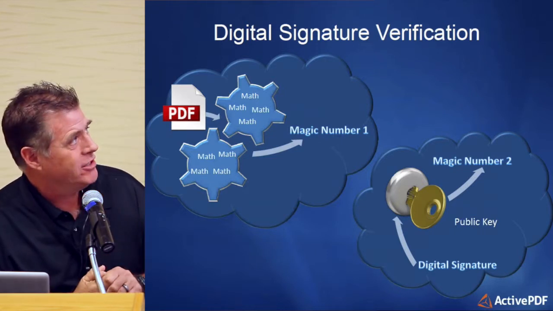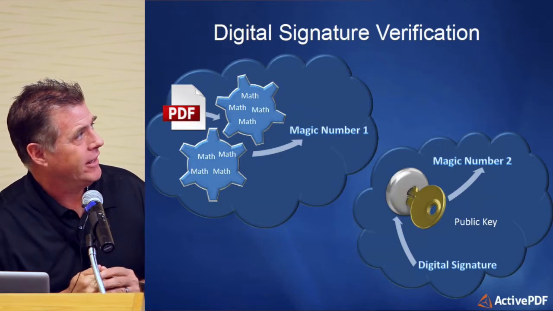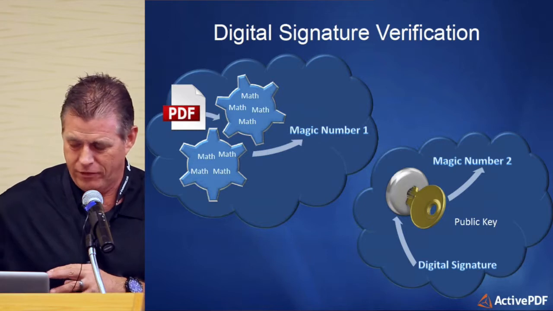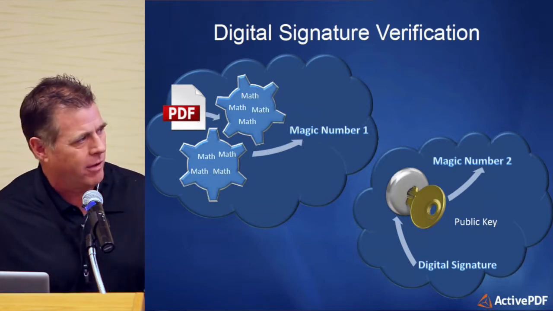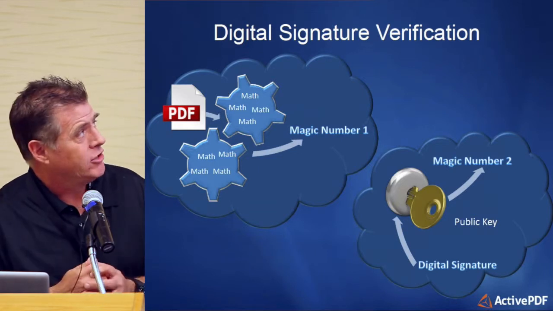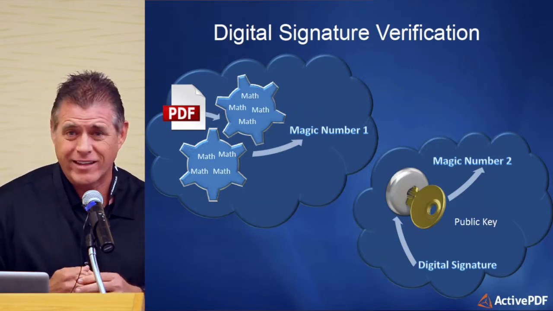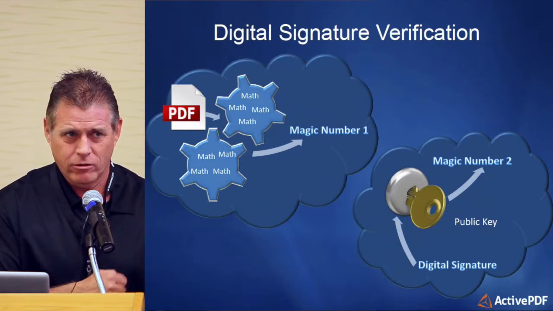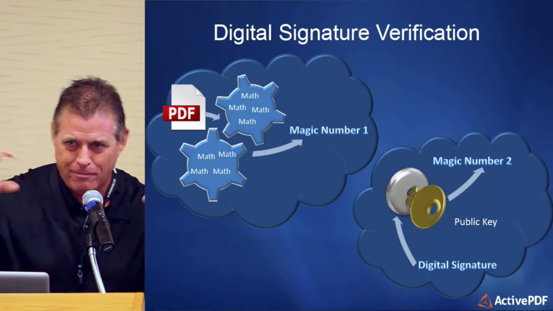So to verify the digital signature, we've already gone through the process of creating it. We take that same PDF that's got the digital signature with it, and we do math on it.